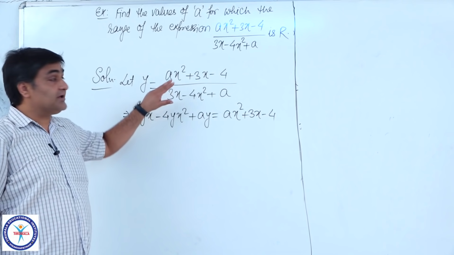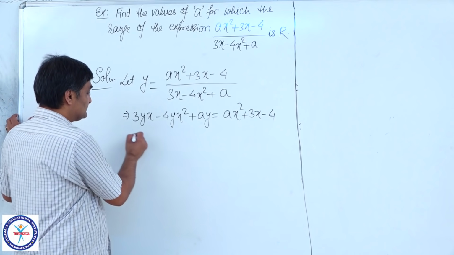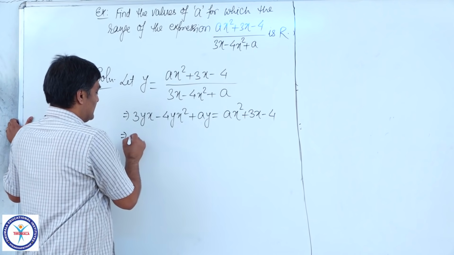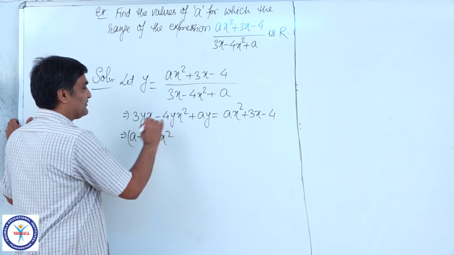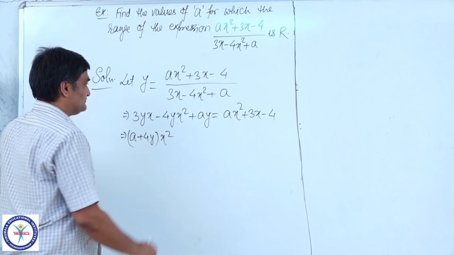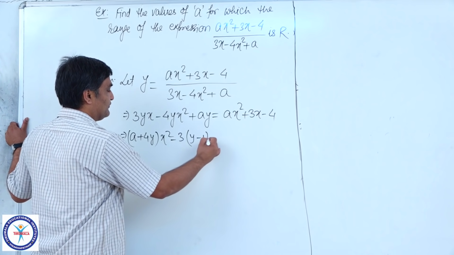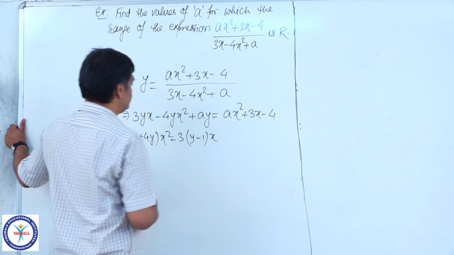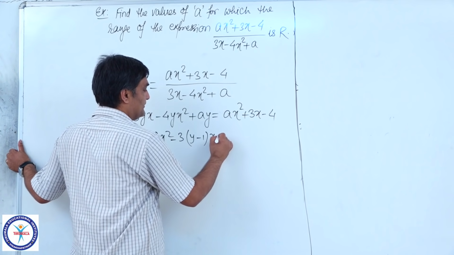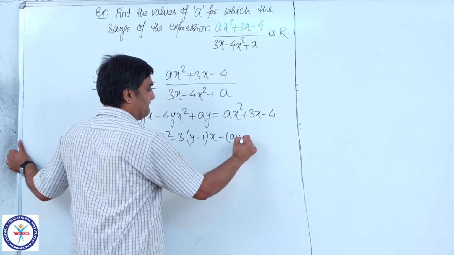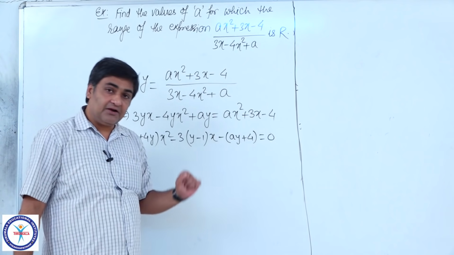Now we are writing this as a quadratic equation in x. We have shifted all this to one side: (a plus 4y) x square minus (3y minus 3) x plus (minus ay plus 4) equal to 0.